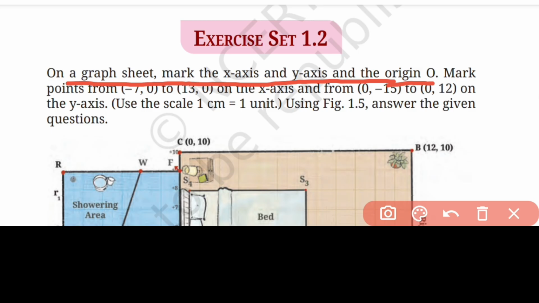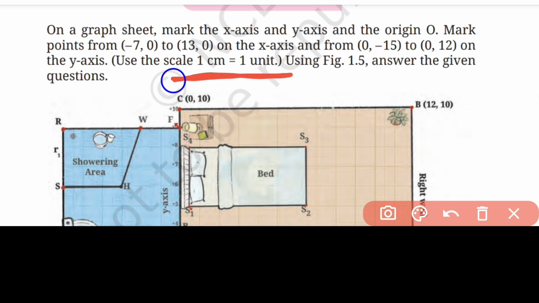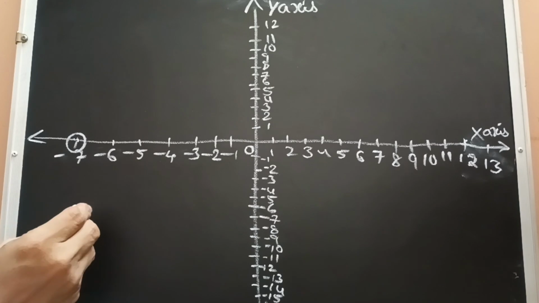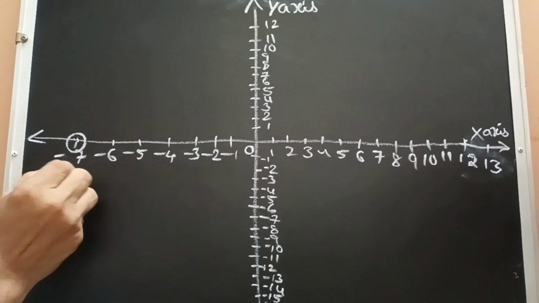Next, mark points from (-7, 0) to (13, 0) on the x-axis, and from (0, -15) to (0, 12) on the y-axis. This is the second question. Use the scale 1 centimeter is equal to 1 unit. From the previous video, as we discussed, this is (-7, 0).